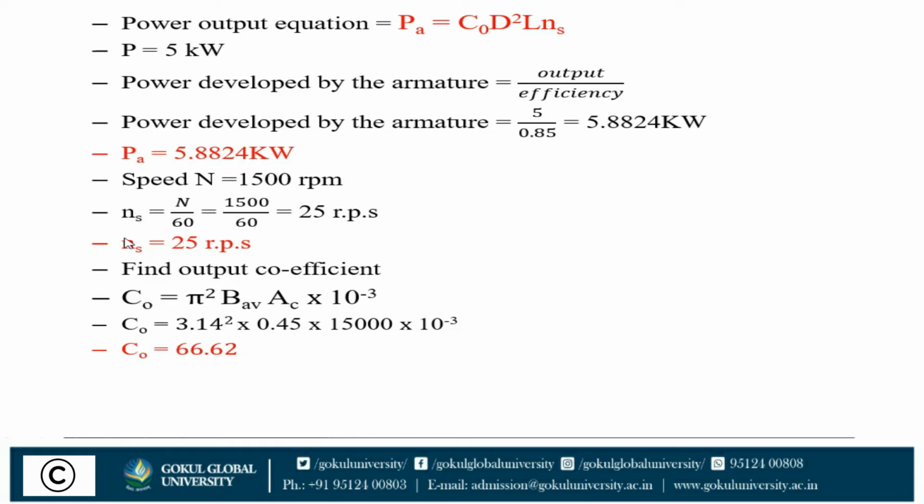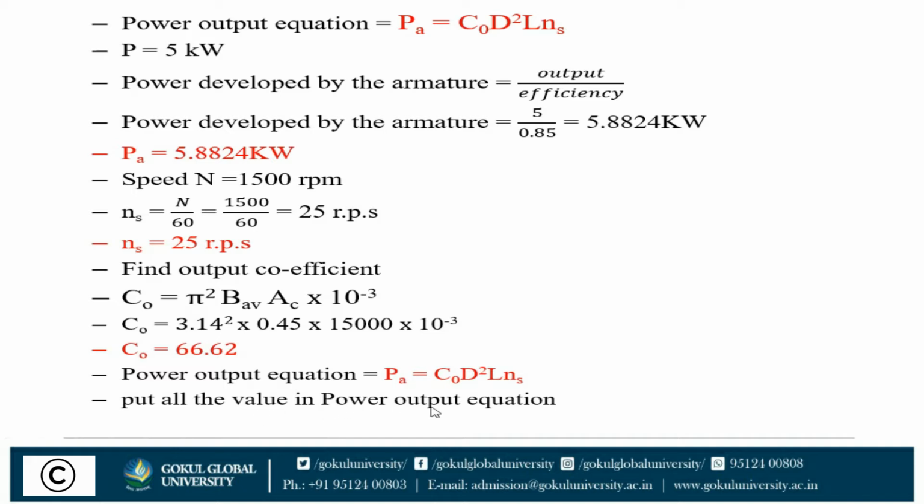Now PA, ns and C0, these three values are given, so we put these three values in the power output equation: PA is equal to C0 D square L ns.